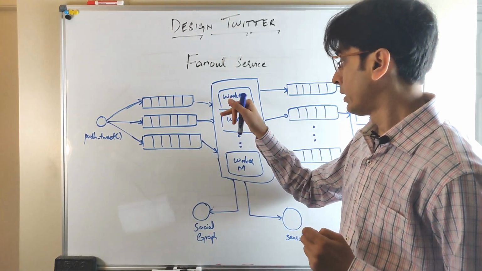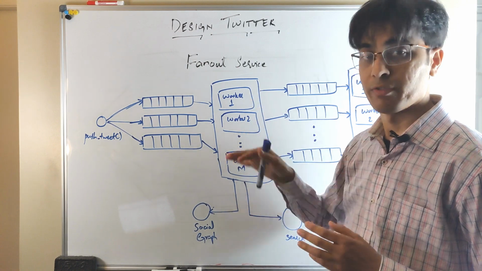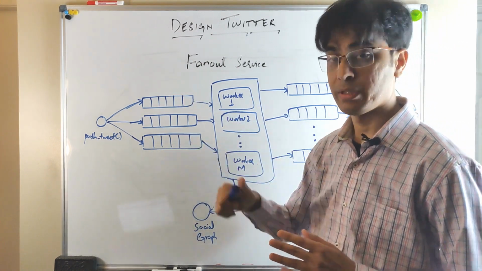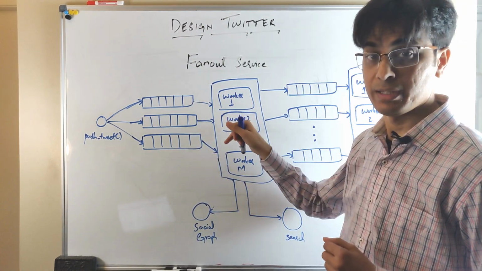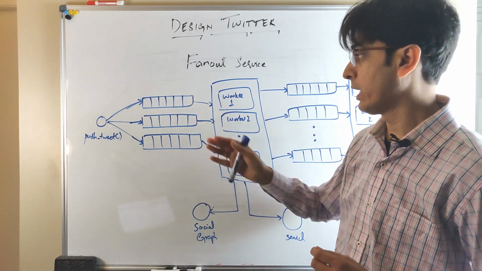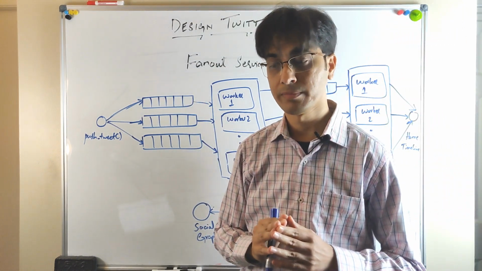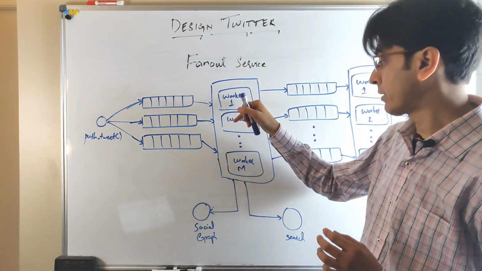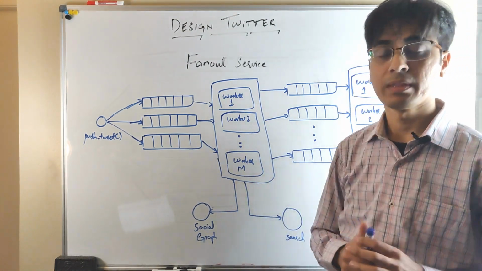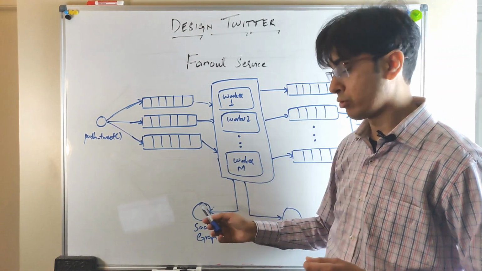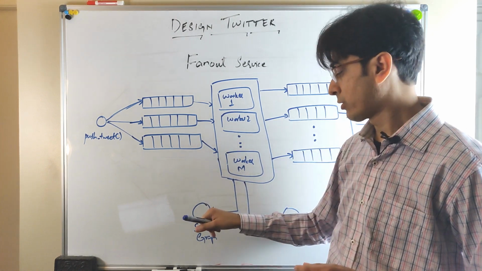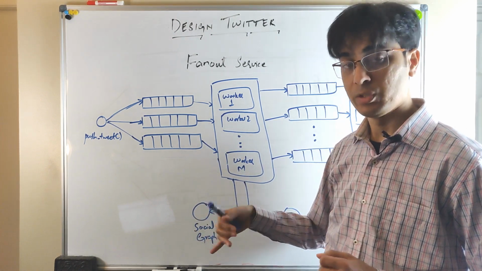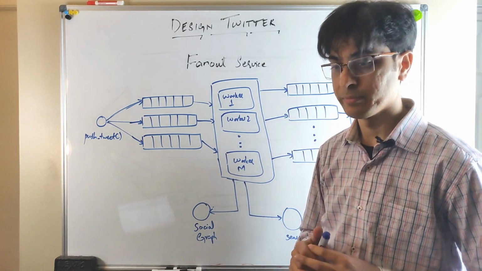Now there could be multiple agents or workers listening to these distributed queues. These agents retrieve the tweet from the queue and then perform the following functions. First, they pass the tweet to the search service. Secondly, they query the social graph service to get the list of all the followers of the user who posted the tweet.